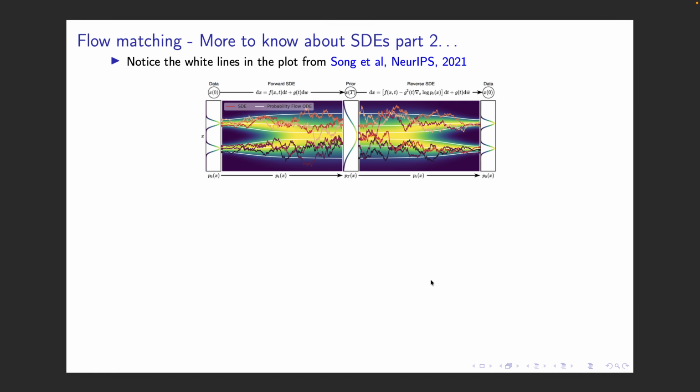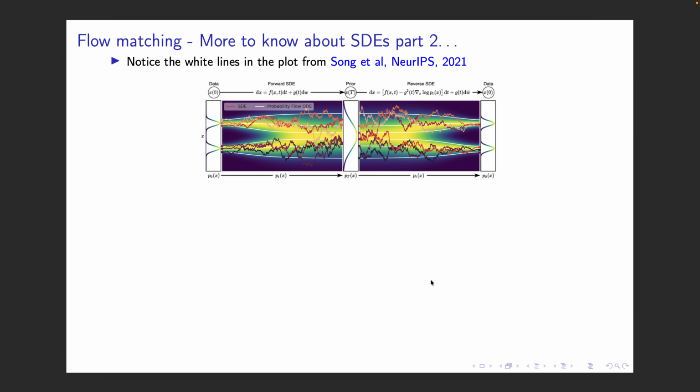And here I want to make my second confession, that there's even more I haven't told you about stochastic differential equations. This is also revealed in a figure made by the same authors that made score matching.